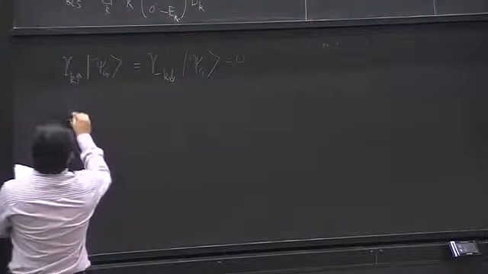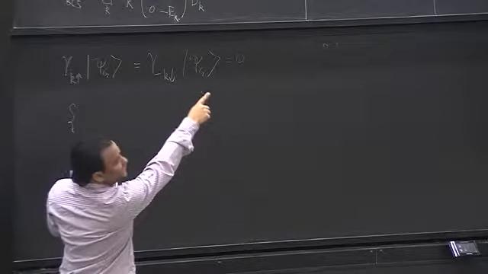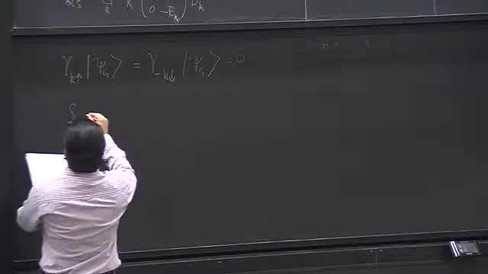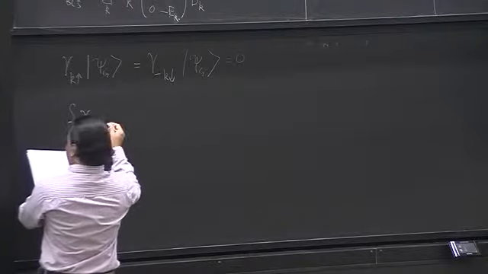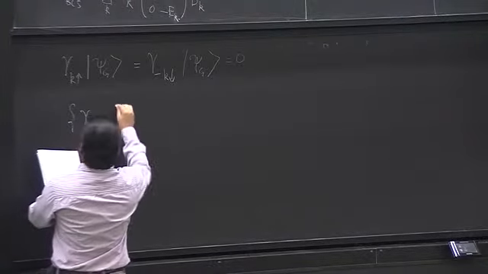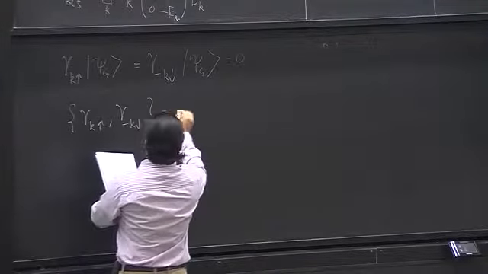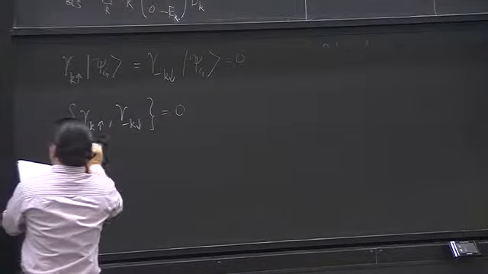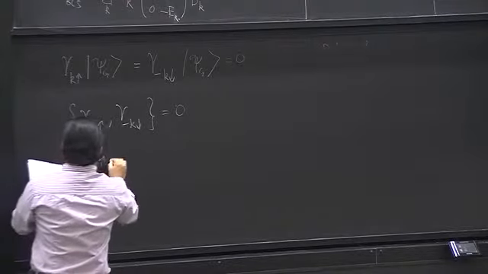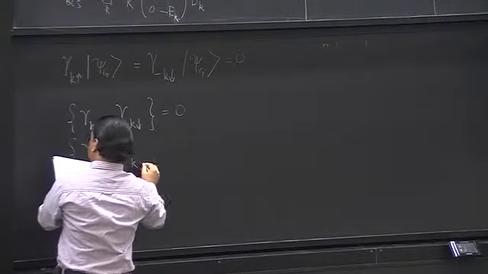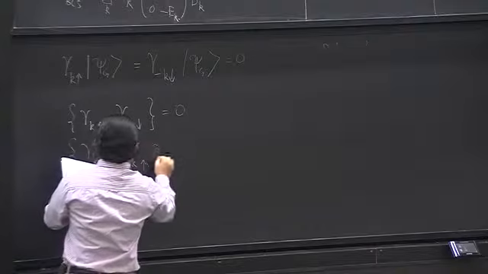You can also show, so you have gammas in terms of C operators. From that, you can show the following, that gamma k up and gamma minus k down, this anticommutator is 0, and gamma k up, gamma k up dagger.